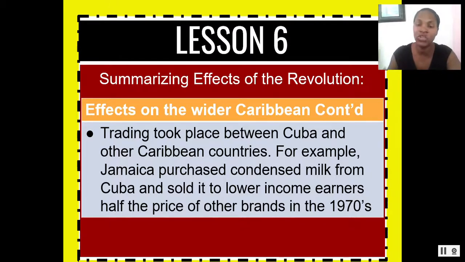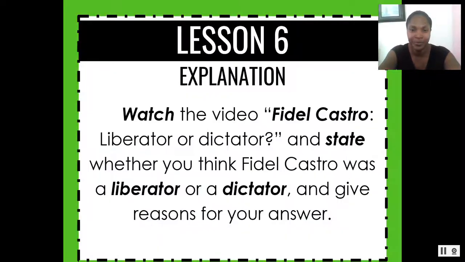But of course, Jamaica, being the Jamaica that we are, or that we were then, did what Jamaica wanted to do, and Jamaica saw Cuba as a good neighbor, and has continued to do business with Cuba.